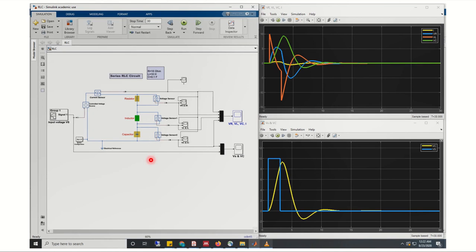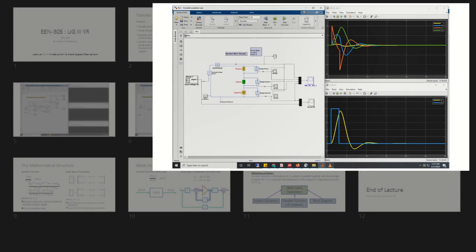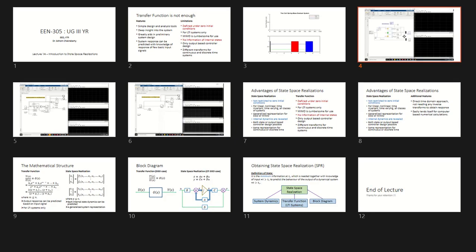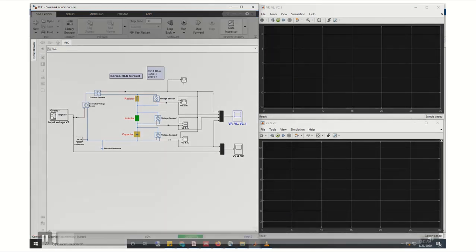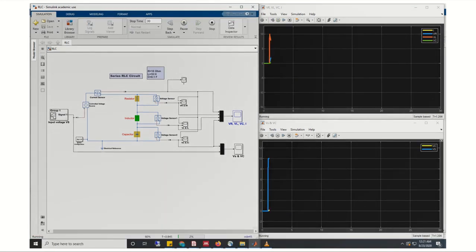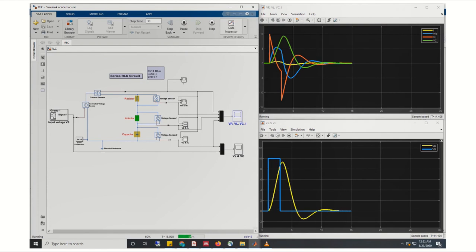So again we'll play this. You can see that I have given a step input of 10 volts for a certain duration of time.